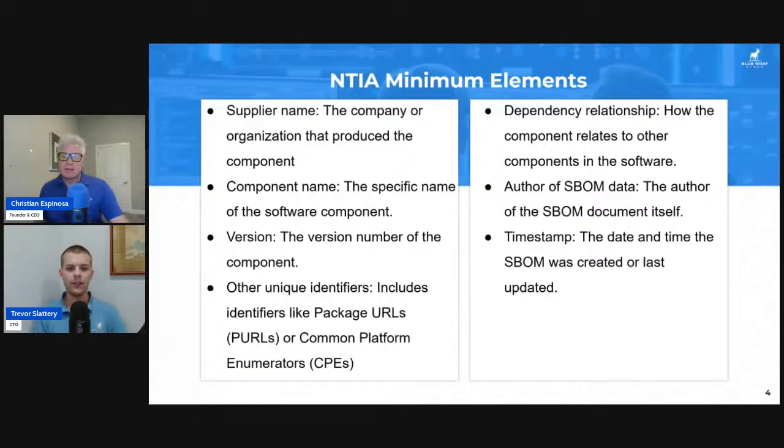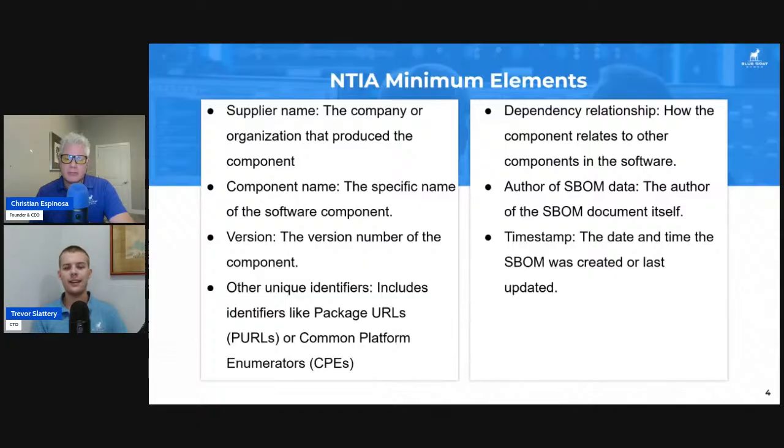Now, there are a couple of additional items that the FDA does look for as some supporting information here. They'll want to see for each component within the SBOM, the level of support, as well as the end of support date, if that has been published by the manufacturer. It's not always the case that that is readily available, but those are some additional bits of information that the FDA does like to see for each of these components.